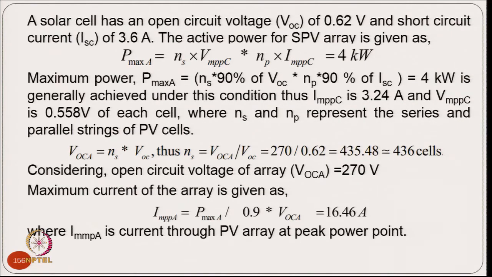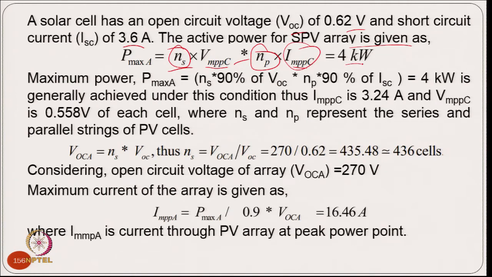Now, each solar cell has an open circuit voltage of 0.62 volt and a short circuit current of 3.6 ampere. The active power is equal to the number of series connected cells, into the maximum power point voltage of one cell, into the number of strings connected in parallel, into the maximum power current.